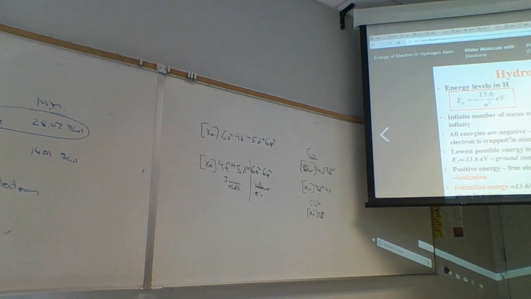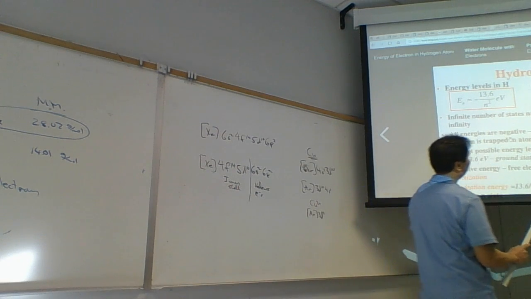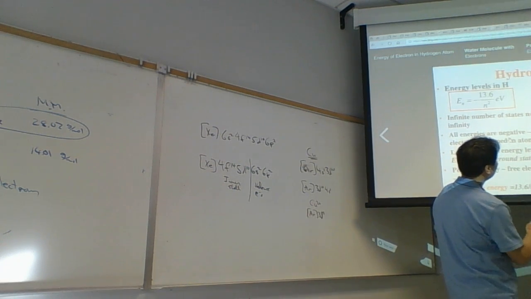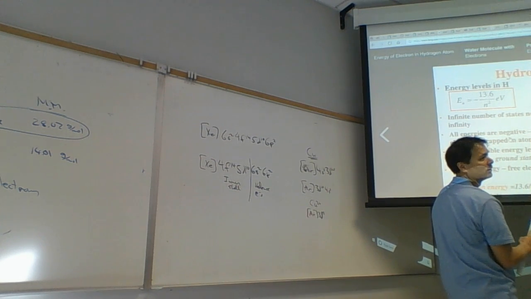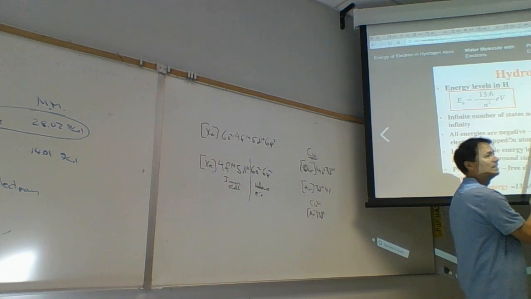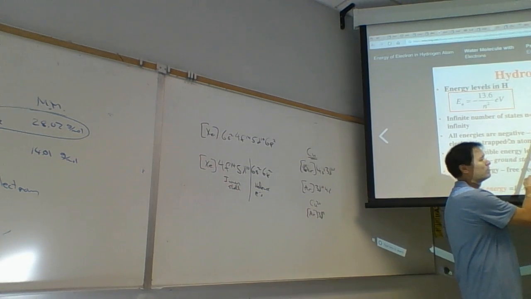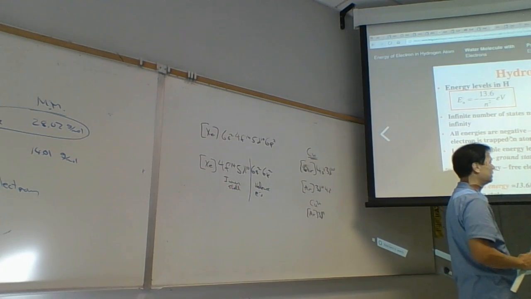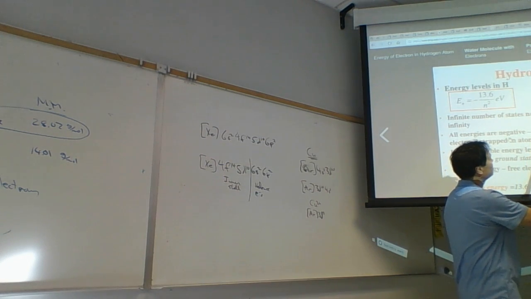It doesn't show the splitting in these, but what happens is we go from n equals 1, which is lowest energy, all the way to n equals infinity. Now, how far away is n equals infinity? It's here. That's n equals infinity. And so you have to draw an infinite number of lines between here and here. Beyond, you see the blue region?